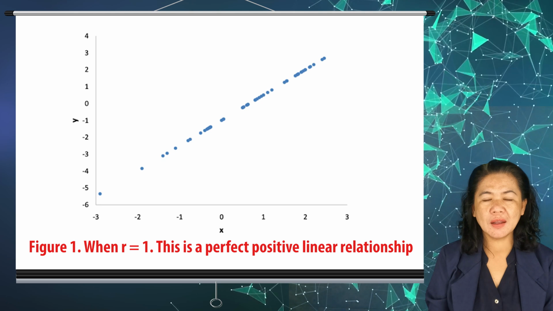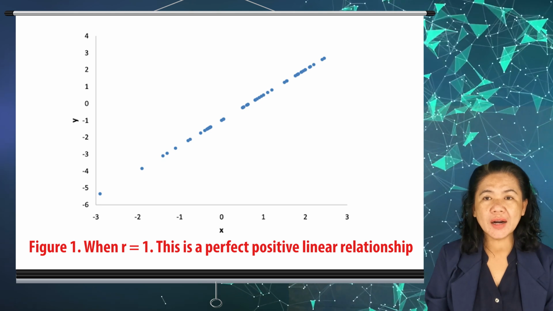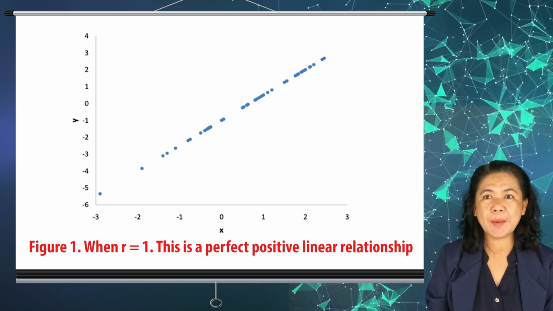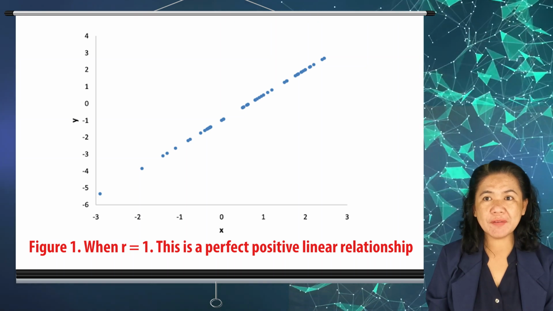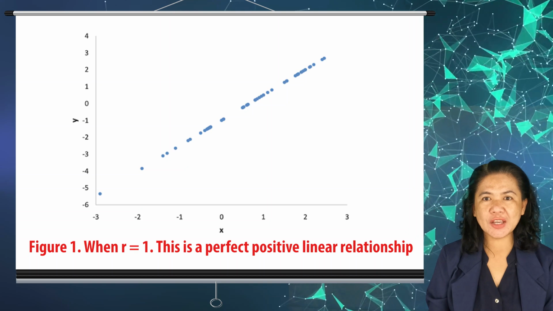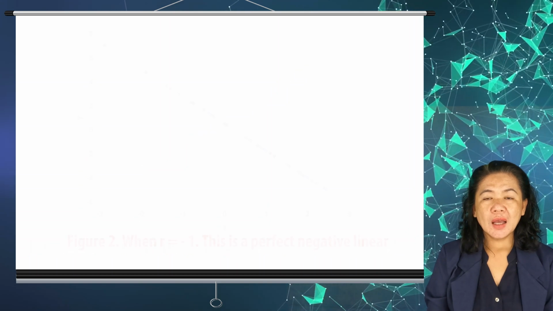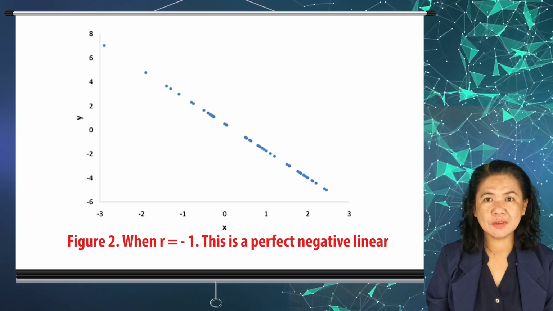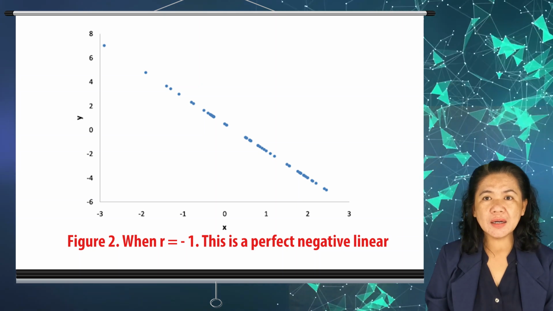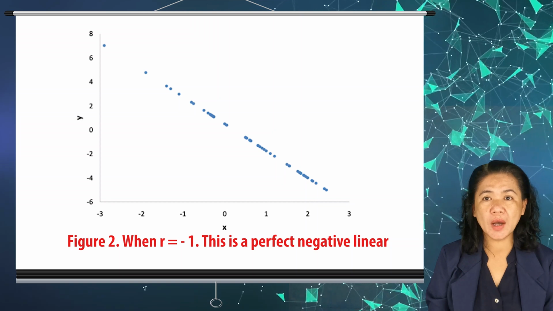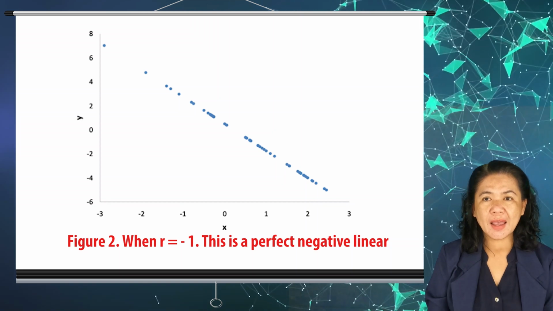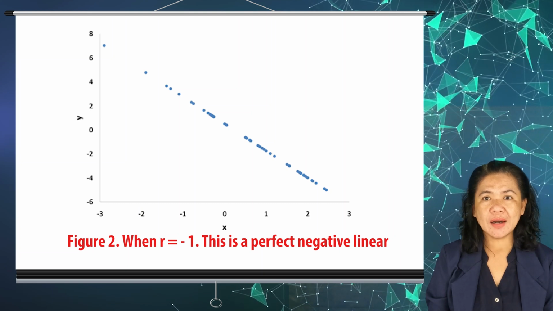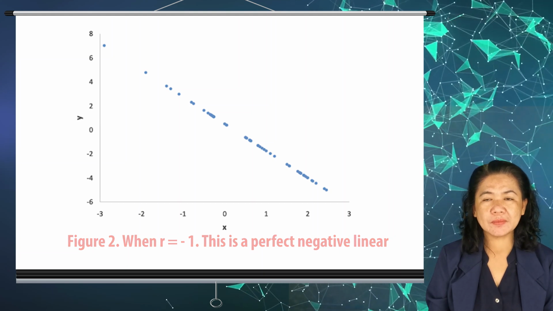Take a look at this figure. Figure 1. When r is equal to 1, this is a perfect positive linear relationship. Take a look at figure 2. When r is equal to -1, this is a perfect negative linear relationship.